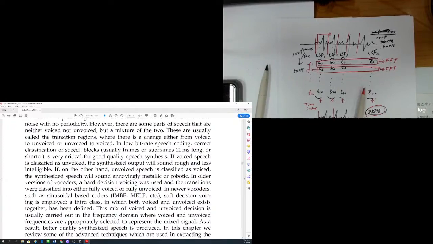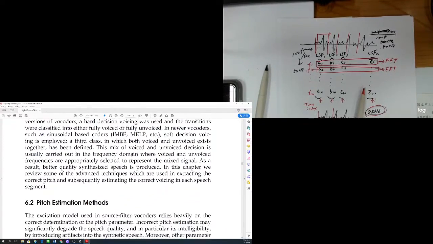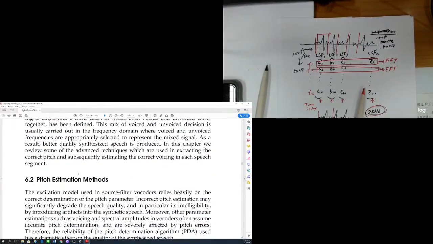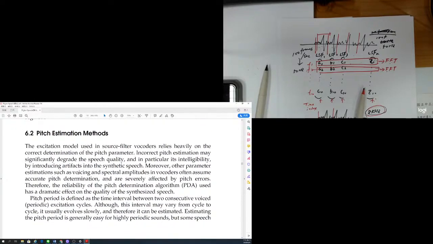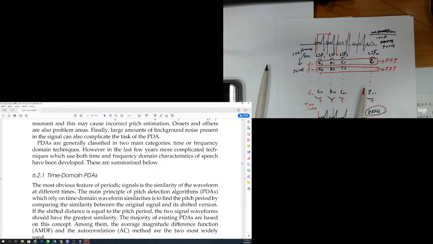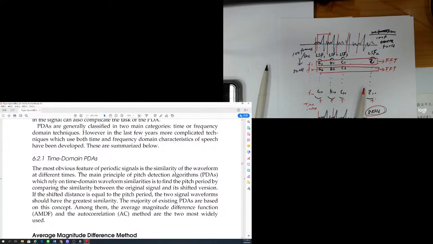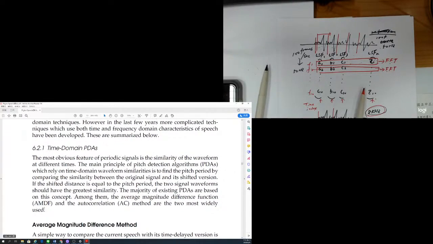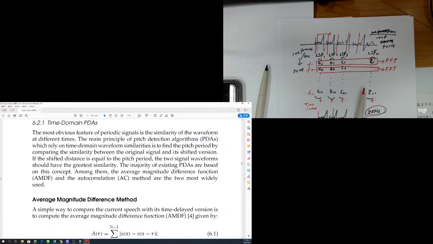First, the simple one: pitch estimation methods based on the time domain. Time domain pitch prediction is based on autocorrelation or the average magnitude difference function.